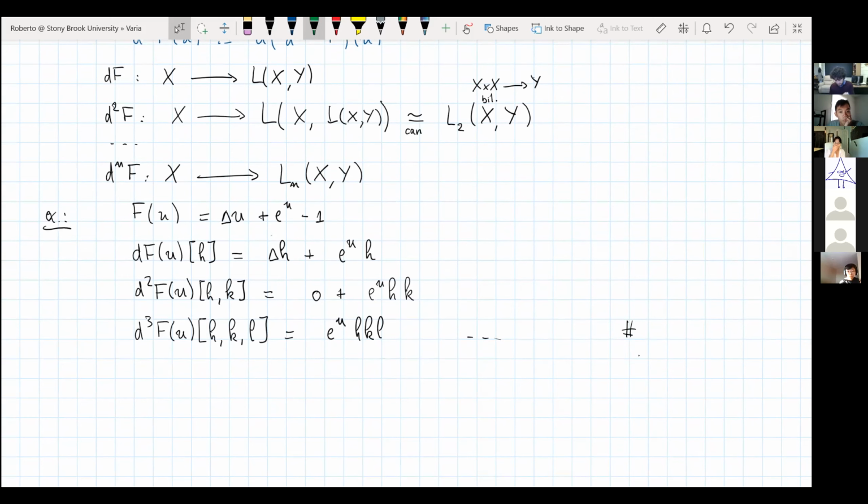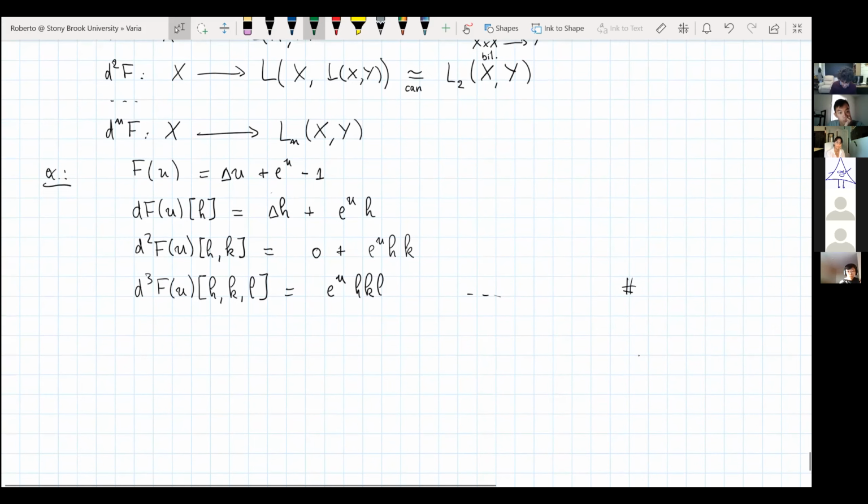And there is something you can see here. You can see that if you swap h and k, it doesn't change anything. And this is actually not a coincidence. That's actually a theorem, which is not hard, but a bit technical.